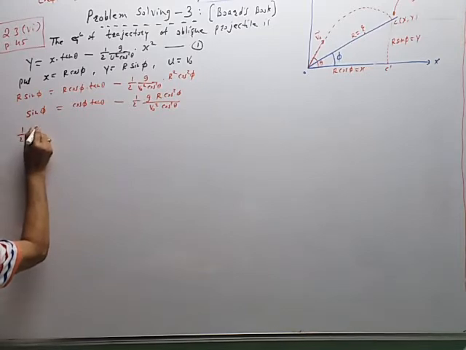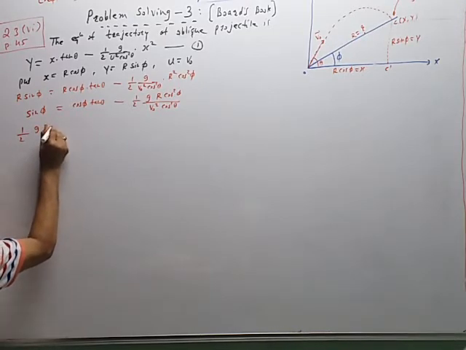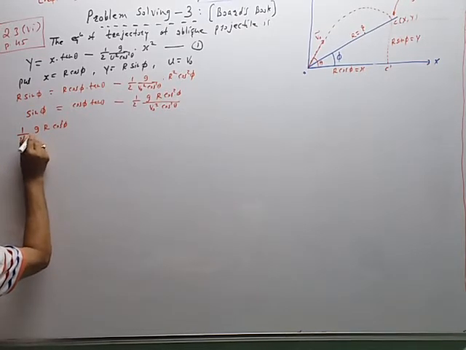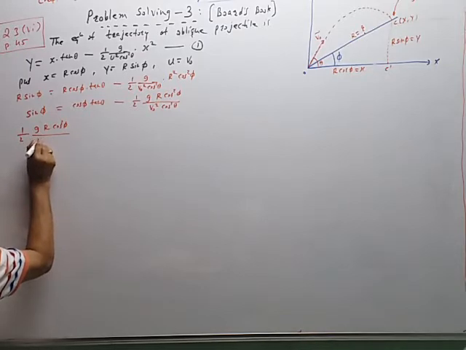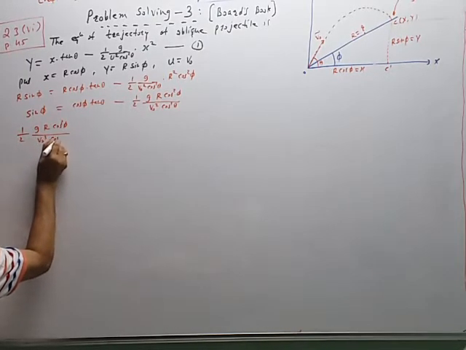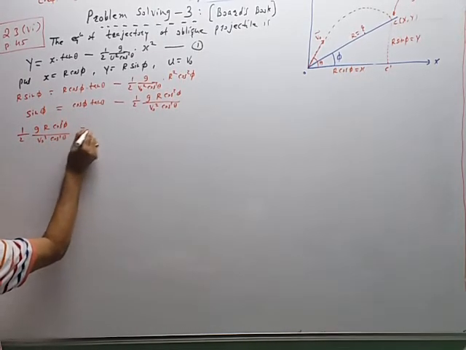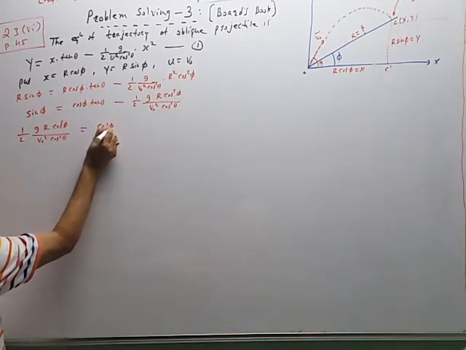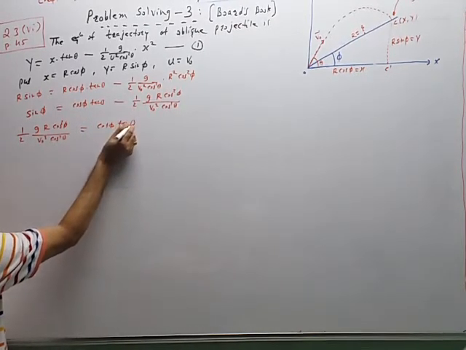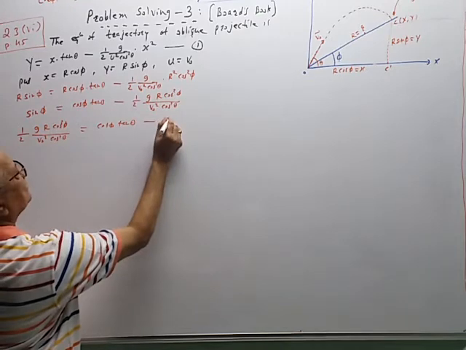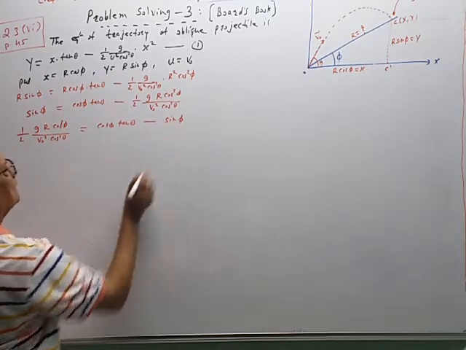So 1/2 g r cos square phi upon v0 square cos square theta is equal to cos phi tan theta minus sin phi.